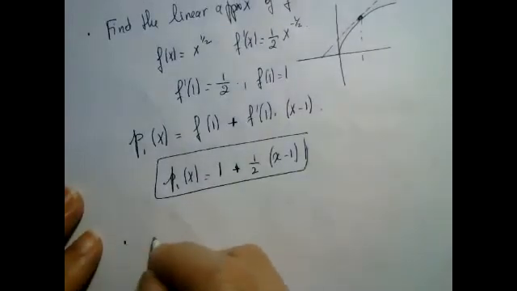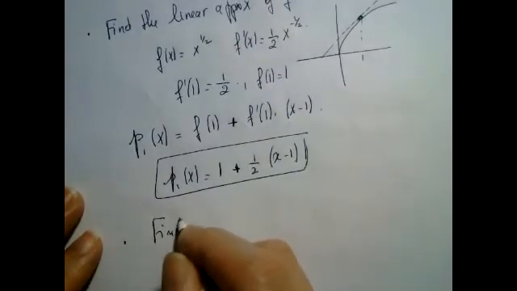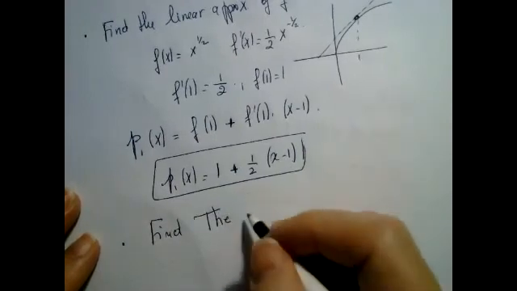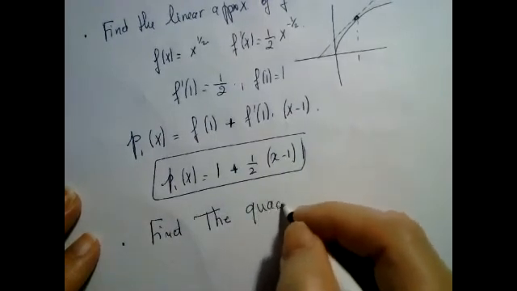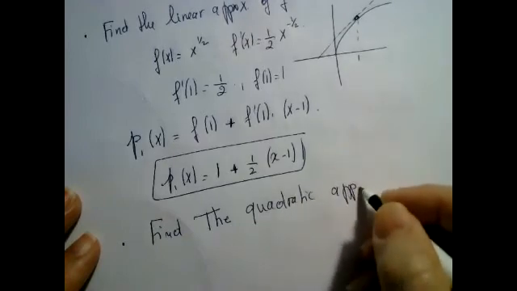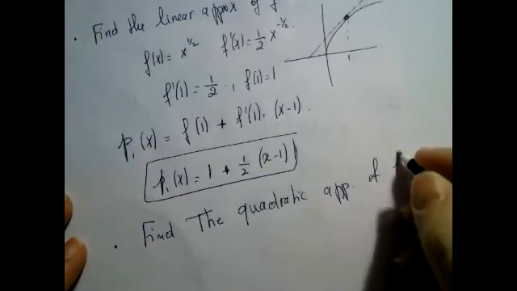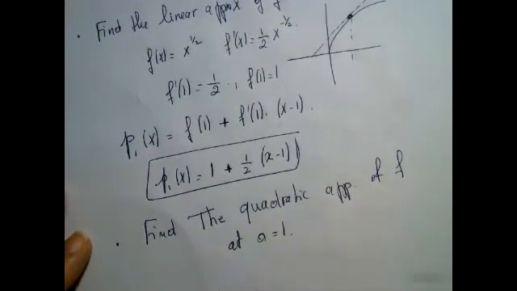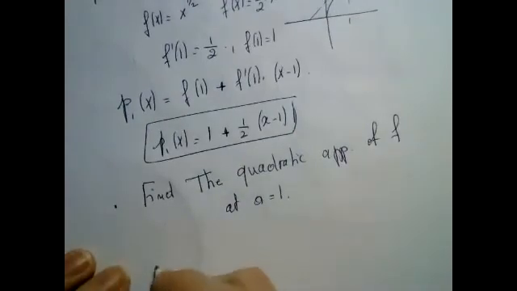Now we're going to do the quadratic, or the Taylor polynomial of degree 2. Find the quadratic approximation of the same function, f at a equal to 1. Okay, let us remember the formula.